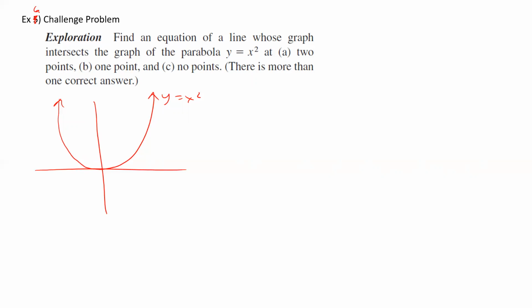Can you give me an equation of a line that's going to intersect x squared, so that it intersects at 1 point? Another equation that intersects at 2 points. And another equation that intersects at 3 points. Yeah, of course, there's more than one answer here. So can you set up the equation? Let's talk about it as well.